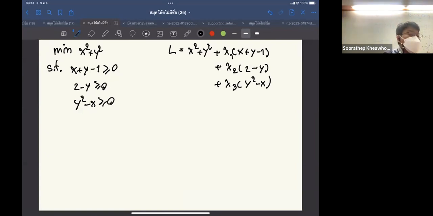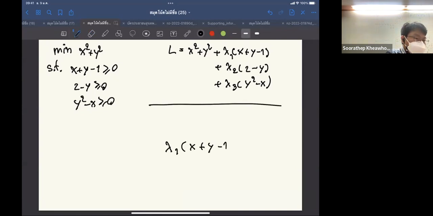So what you need is a condition where lambda 1 times (x plus y minus 1) becomes 0.